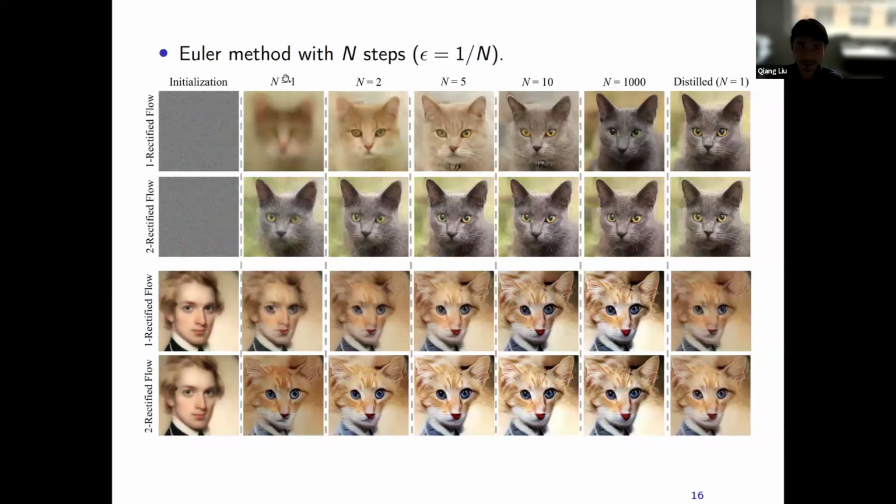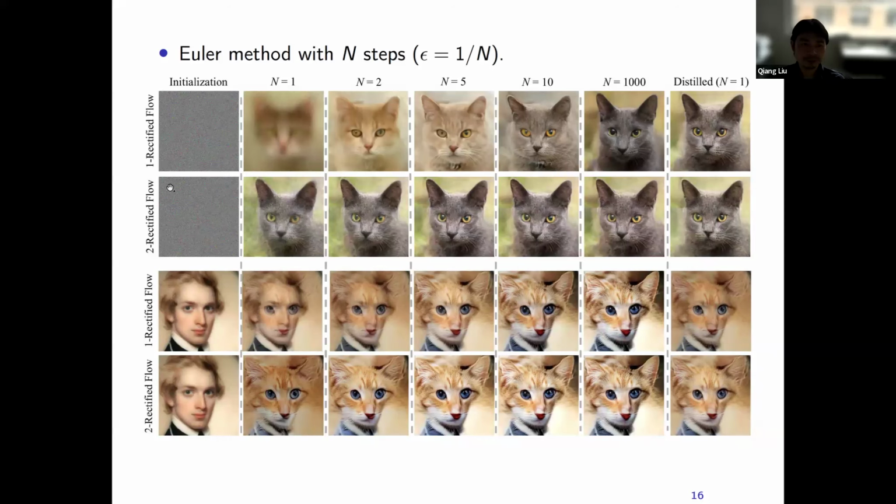The way to see it is that here n represents the different discretization steps. If the trajectory is curved, different discretization steps will give you different results. And you can see that when n is very, very small, you get blurry images, because in this case the discretization has large error.